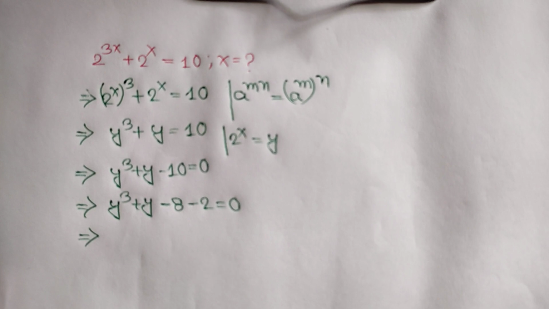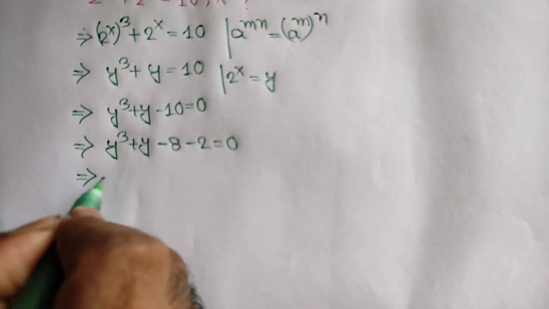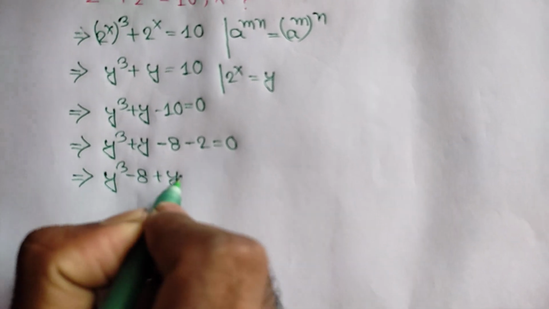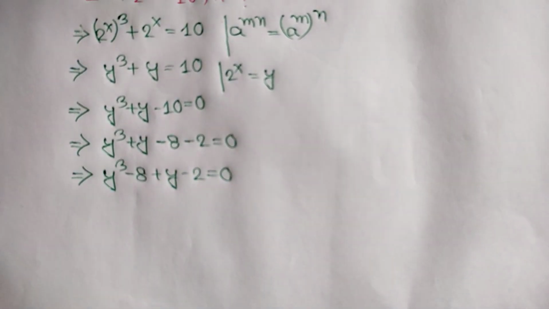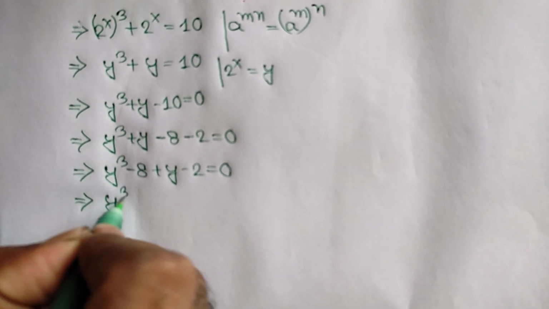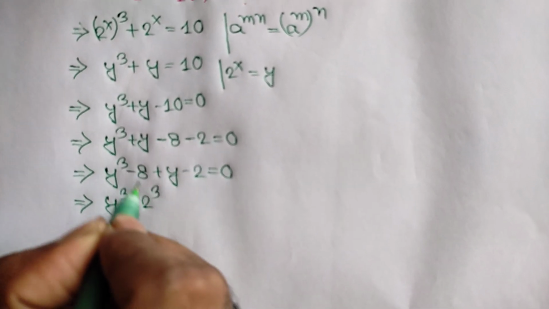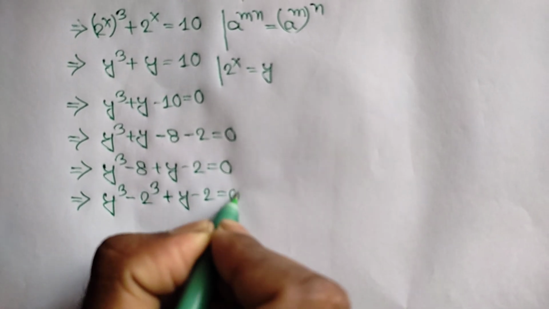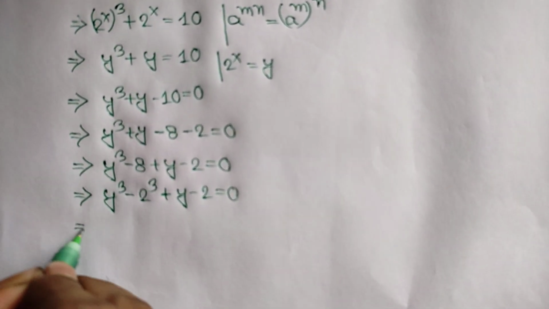Rearranging the left side, we can write y cube minus 8 plus y minus 2 is equal to 0, or y cube minus 2 cube, because 2 cube is the same as 8, plus y minus 2 is equal to 0.